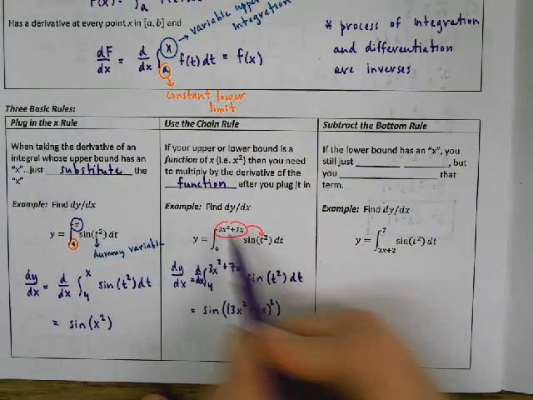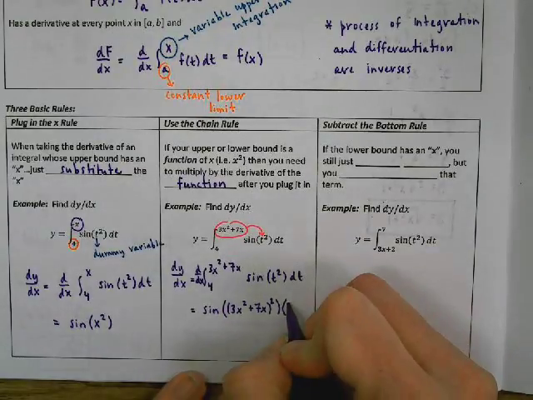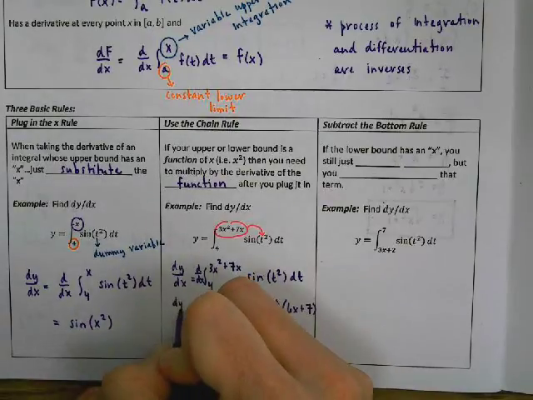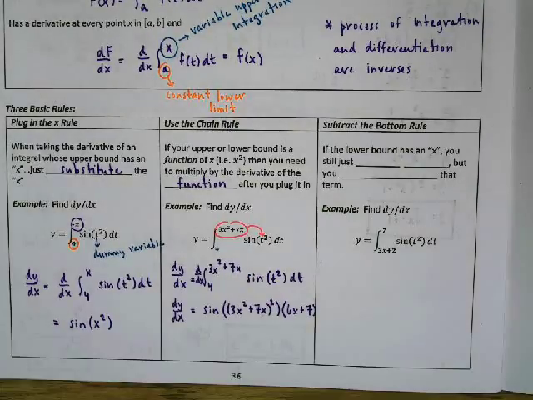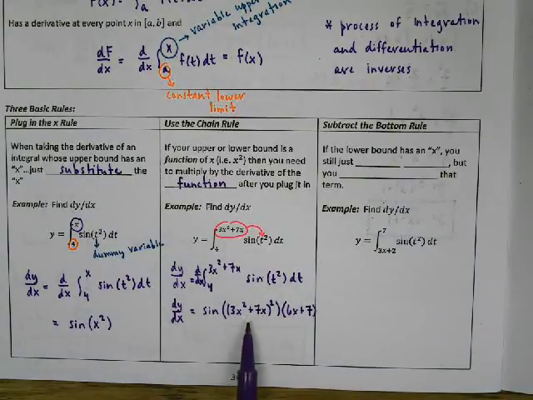But now we're going to multiply by the derivative of that function. So times 6x plus 7. And that would be my derivative. So first we replace t with our upper limit, and then we multiply by the derivative.